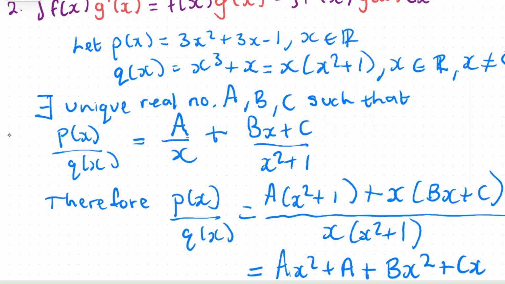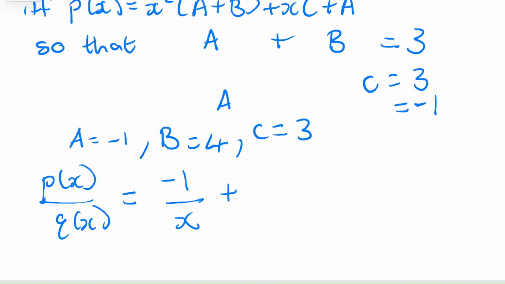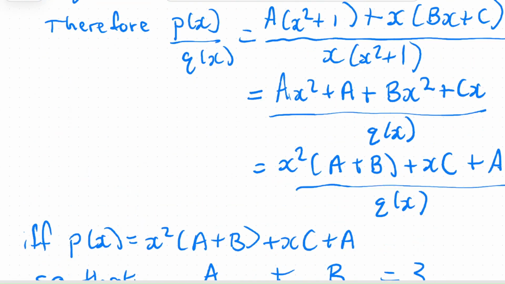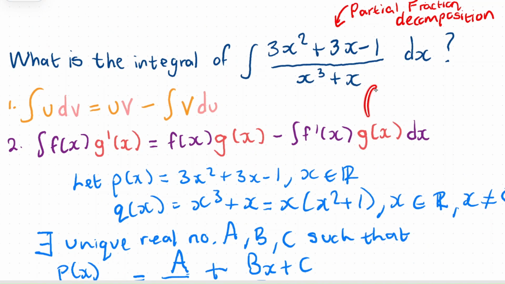So we're just substituting everything back into this, right, where we see this is going to be a over x and then bx plus c divided by x squared plus 1. And so we know that b is going to be 4x plus c, which is equal to 3, divided by x squared plus 1. That's perfect, because we know in the beginning that f of x is equal to p of x divided by q of x.